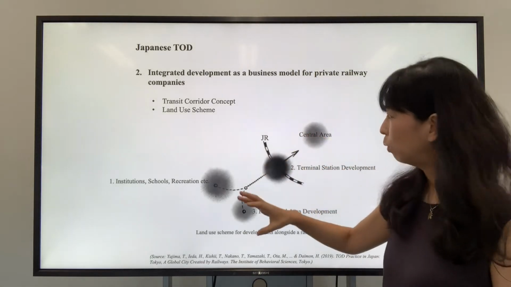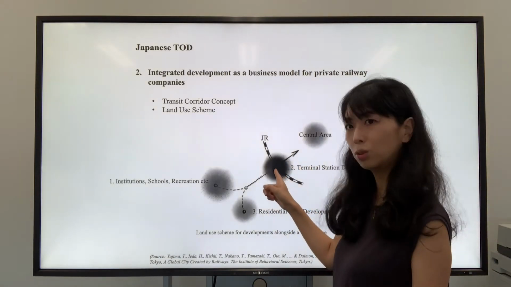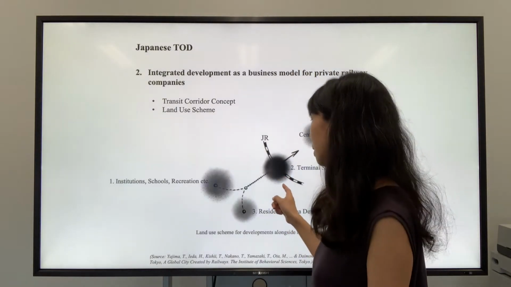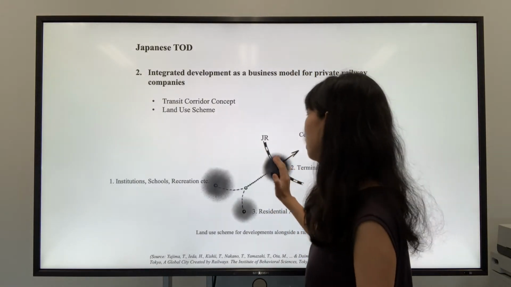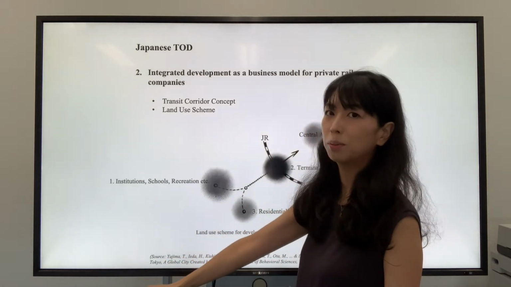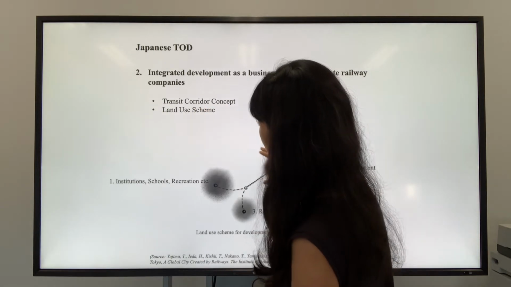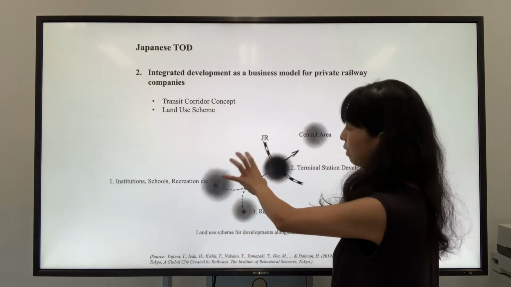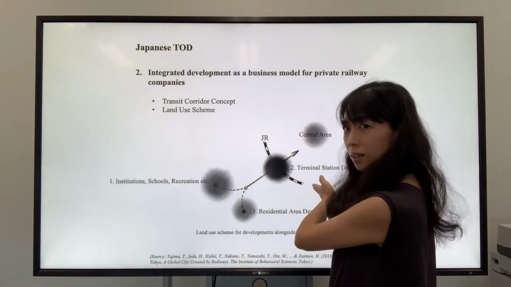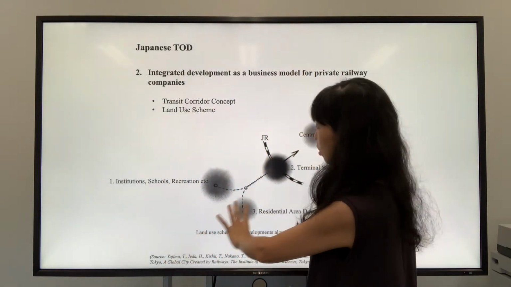As I mentioned before, the private railway company will plug onto one of the stations along the Yamanote line, and then develop a transit corridor extending towards the suburb. So the transit corridor concept is about the fact that the private railway company will plug onto the Yamanote line or the JR line, and then extend outwards to the suburb.